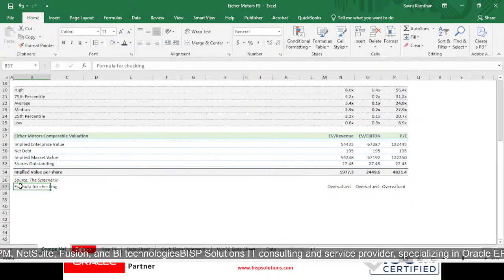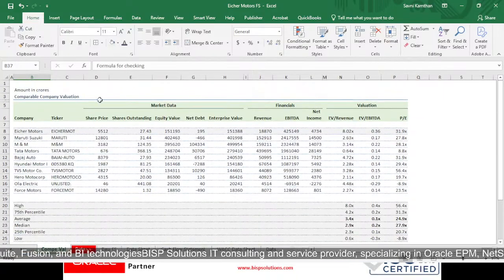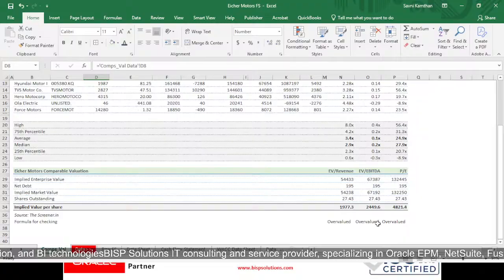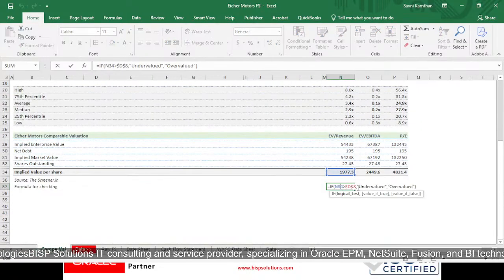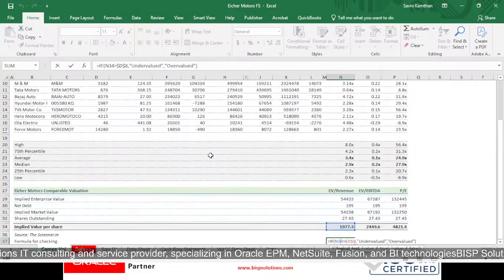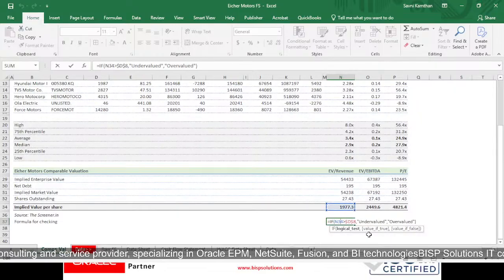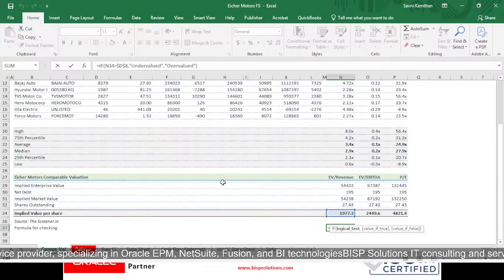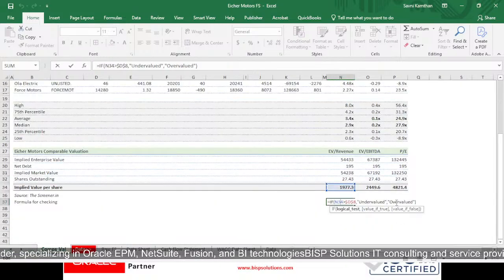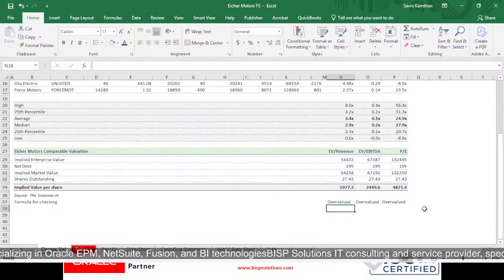So if we want to check that our book value or share price value is overvalued or undervalued, I have used an if function, that if my 1977.3 is more than the share price, less than the share price, so give me undervalued, then if not, then overvalued, right?